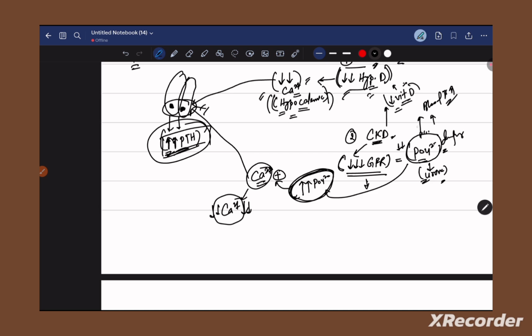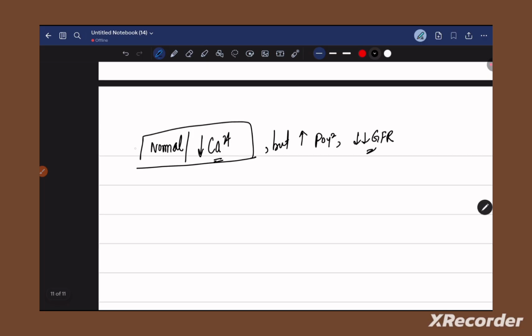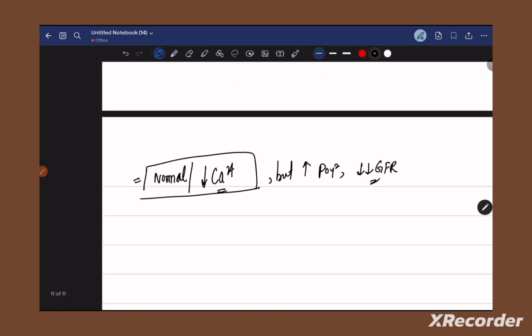Here, phosphates, there is CKD, the kidney is unable to dump the phosphates, so phosphates are building up in the blood, they are increasing in the blood, and these phosphates will further bind with this free calcium, and it will further decrease the calcium. So there could be either normal or decreased calcium. So why I told you, and increased phosphates and decreased GFR. Okay, and there would be increased PTH.